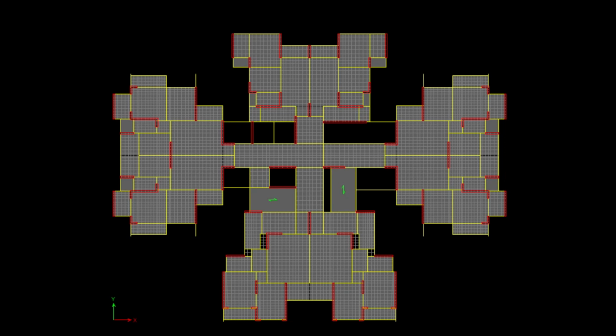Now look at this framing. Suppose particularly 1 or 2 frames are not oriented along the x and y direction. Let us imagine that this side is slightly inclined here, or somewhere there might be an inclined wall going from here to here.